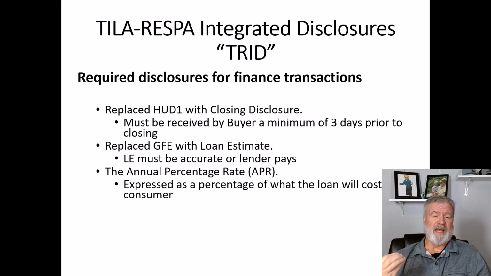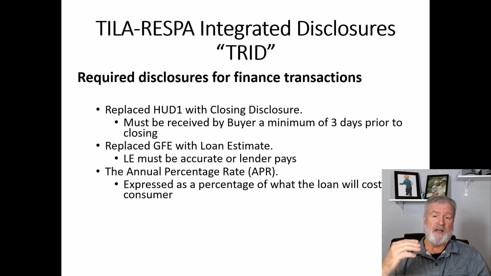One thing that a good agent needs to make sure they tell their buyer is, y'all, especially when you get up, say, a week prior to closing, buyer, you need to routinely be checking your email, because the lender's going to, at some point, very soon, certainly within a week, and it's got to be prior to 3 days of closing, they're going to email you the closing disclosure.